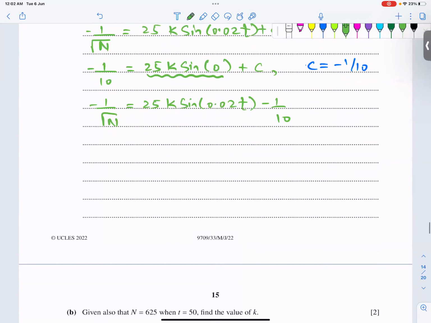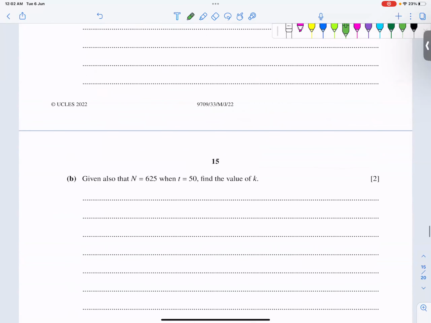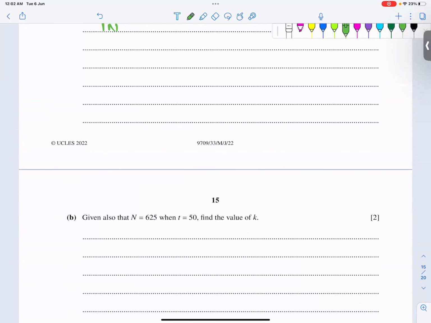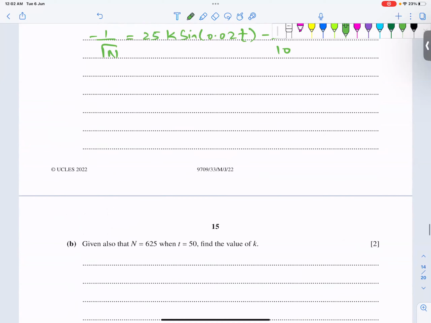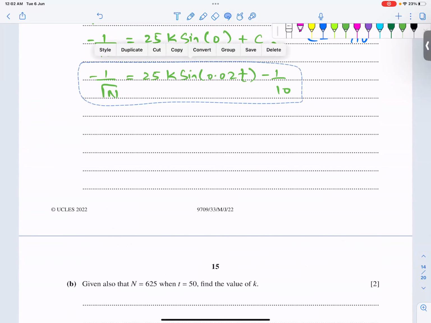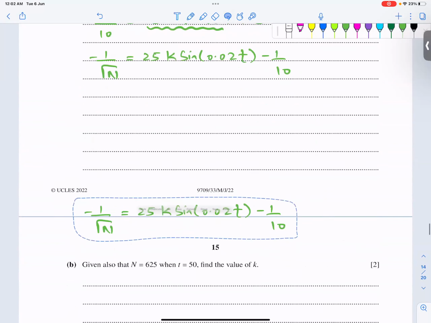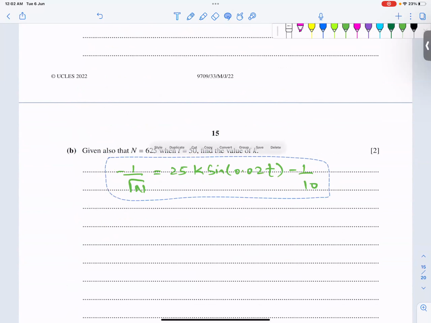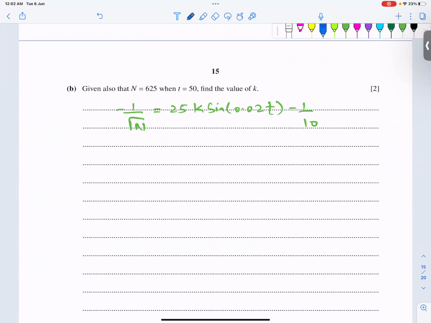Okay. Moving to the next part, given also that n is equal to 625 when t is equal to 50, find the value of k. To solve this part, we will copy the answer first. Now, as n is equal to 625, just put the value of n in this expression.